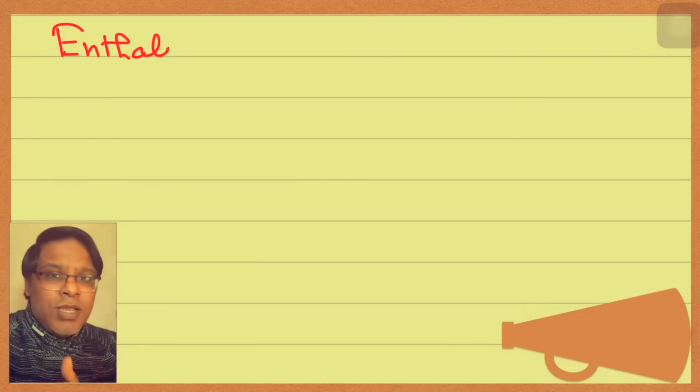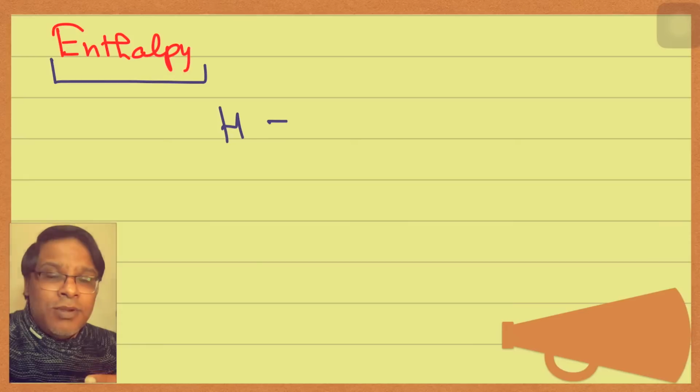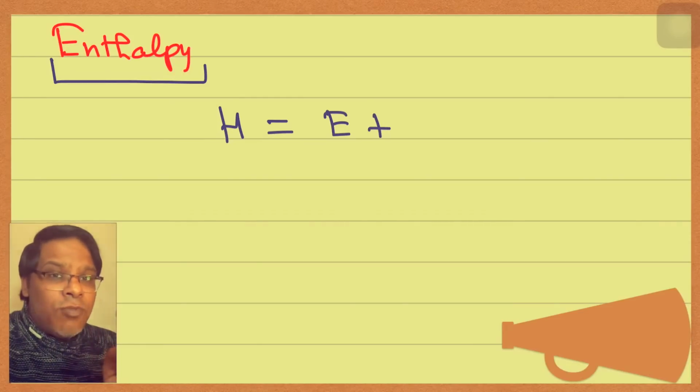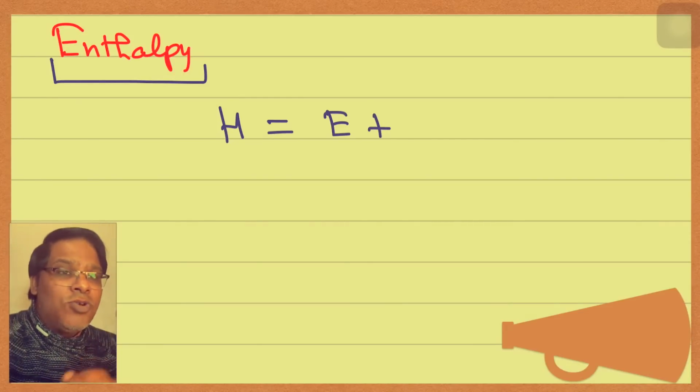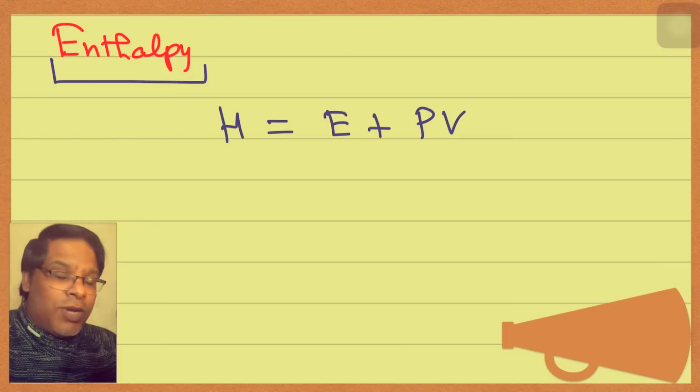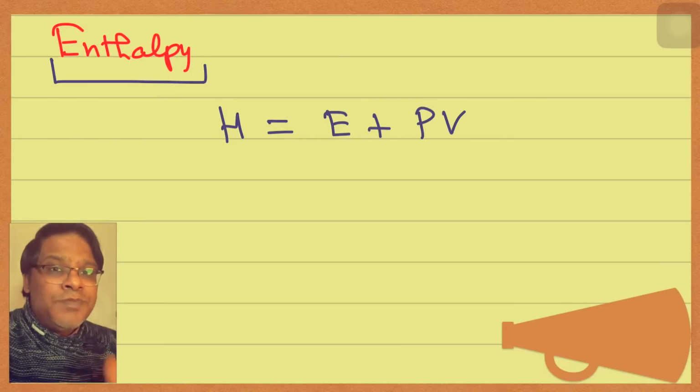Now here I just want to tell you, you must have learned enthalpy in your physics class. Here it is being represented by H. It is equal to E plus PV, where E is going to represent the total energy. This you must have learned in your physics class: H is equal to E plus PV.